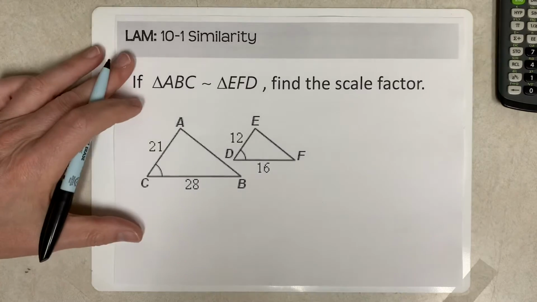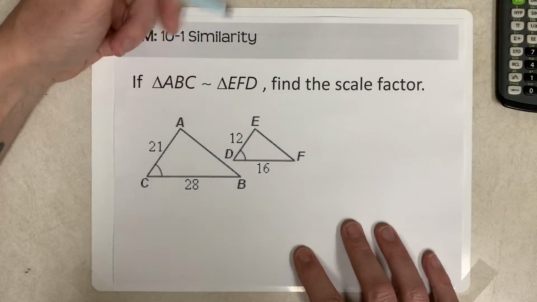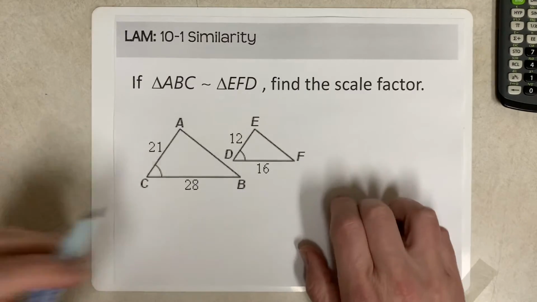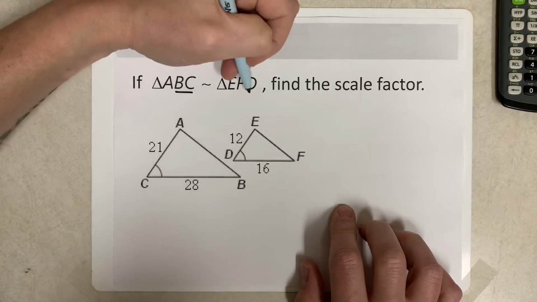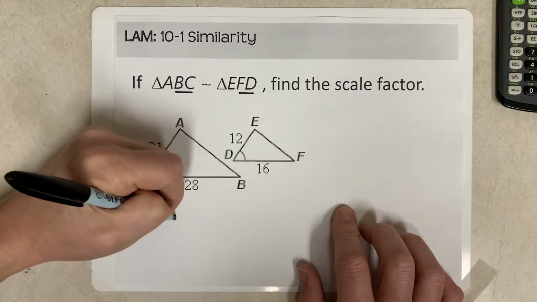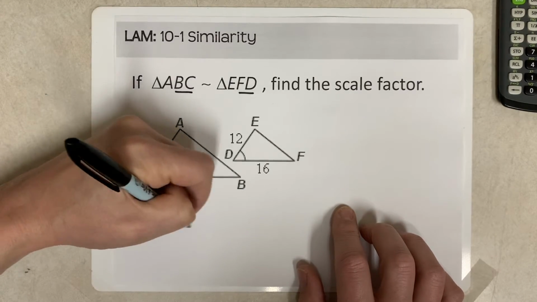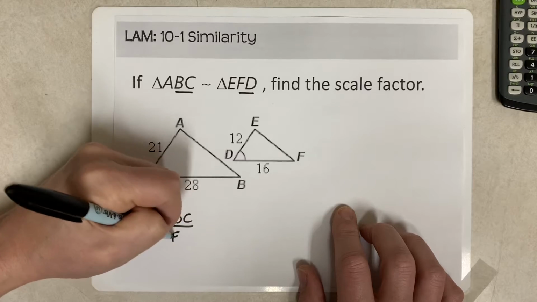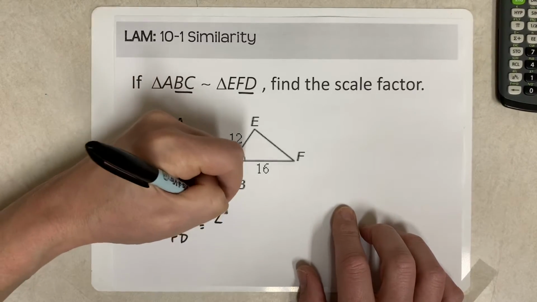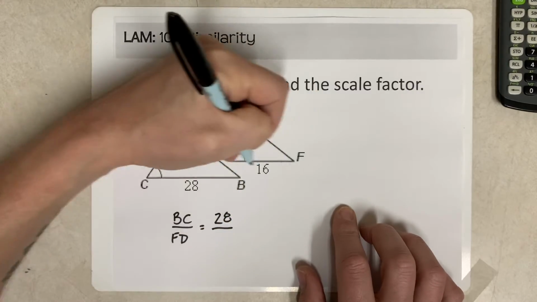Okay, this time we need to find the scale factor. And this time we have A, B, C, E, F, D. So again, I'm missing these two, so I can't use A, B, and E, F this time. So I'm going to use B, C, and F, D. Well, B, C is 28. Let me actually write that out for you. B, C over F, D. There's my ratio. B, C is 28, F, D is 16.